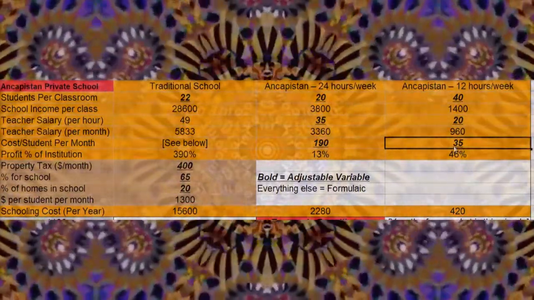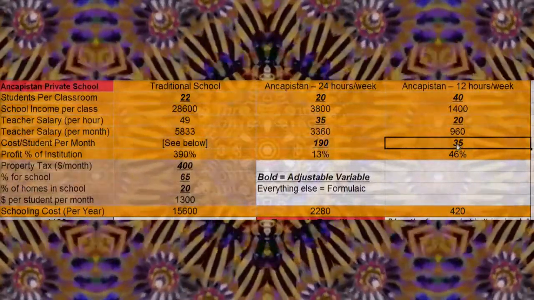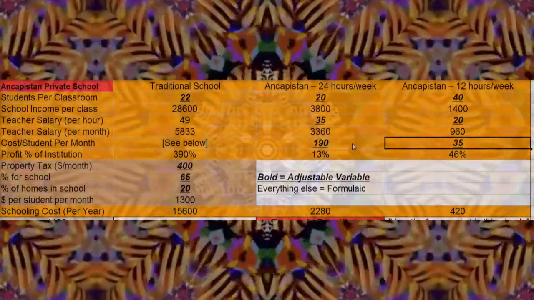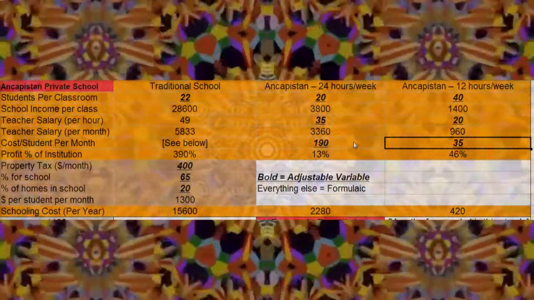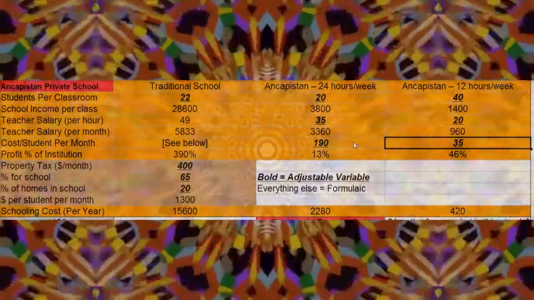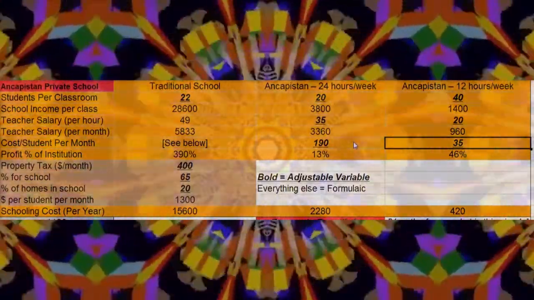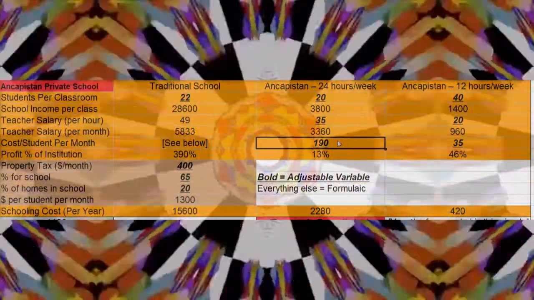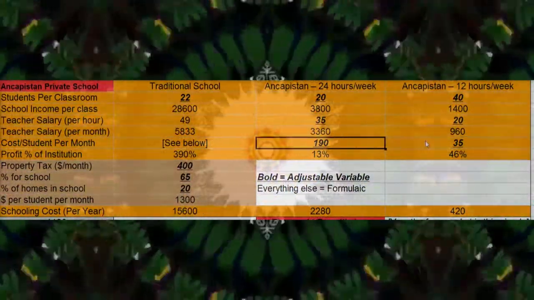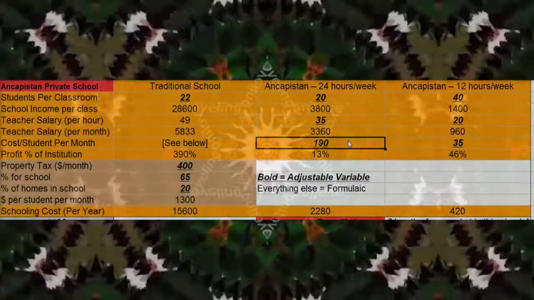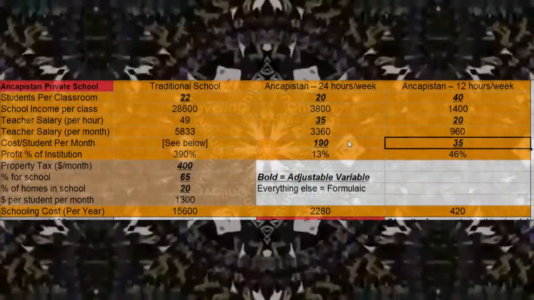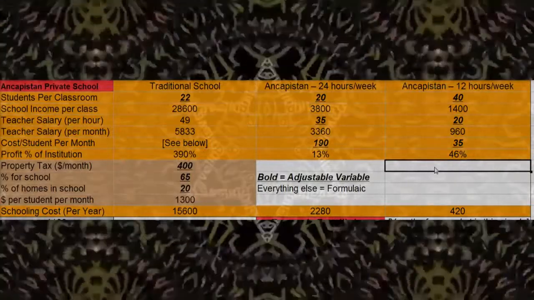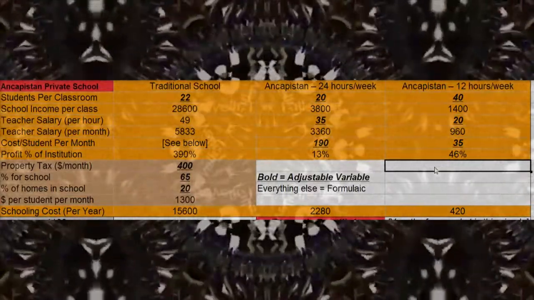And this extra $10 a month would cover the building, and there wouldn't necessarily be a janitor, there wouldn't necessarily be a cafeteria, there wouldn't be a bus driver. So this would actually be a really, really accurate range of what to expect for private school pricing in Ancapistan, which I haven't done this math yet.